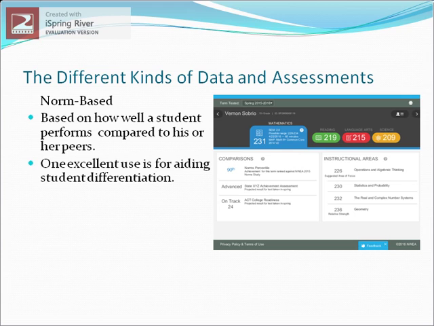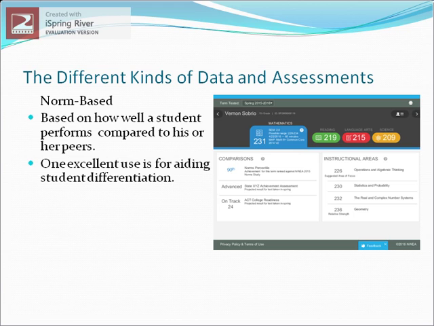An important use for norm-based data is for differentiating the classroom, because you want to be able to group students based on their proficiencies.